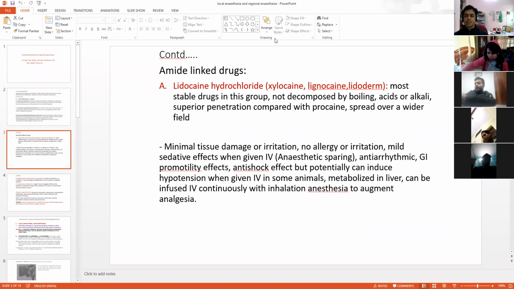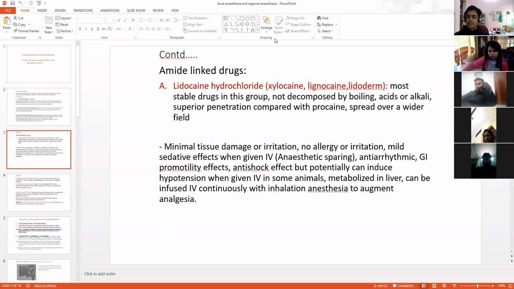Suppose you are using atropine, xylazine, ketamine, or atropine, diazepam, ketamine, fentanyl, or butorphanol. If you include a combination of these pre-anesthetics to achieve balanced anesthesia, then the dose of the main anesthetics like thiopental and propofol, which are used for induction of anesthesia, is decreased.